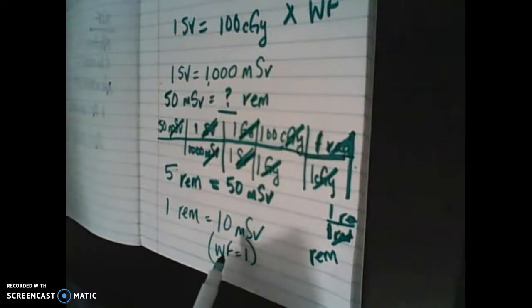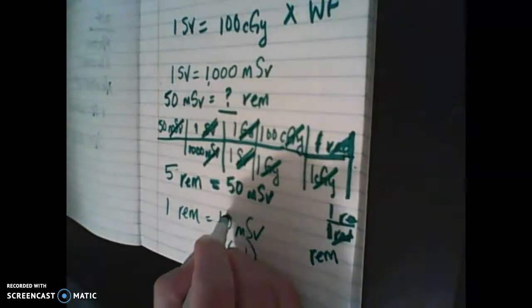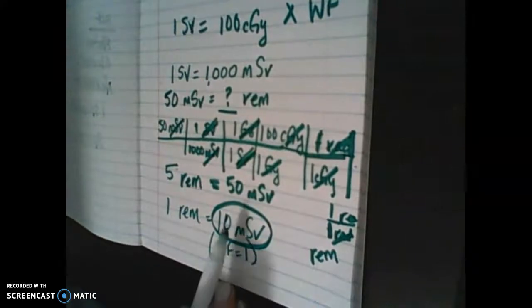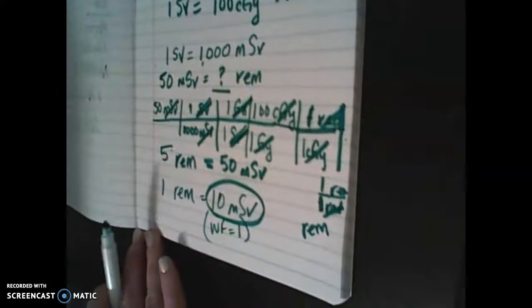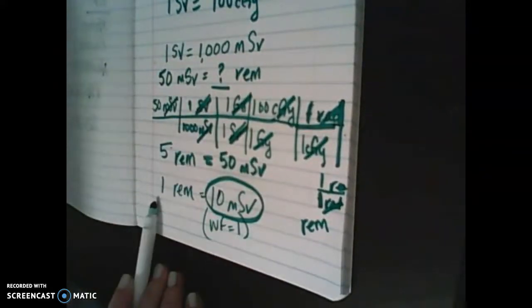When it comes to memorizing that chart, because that's what it's going to come down to, I want you to learn those numbers in millisieverts, because this is the unit that we use. However, you need to know where we came from, and this whole process is just to explain that.